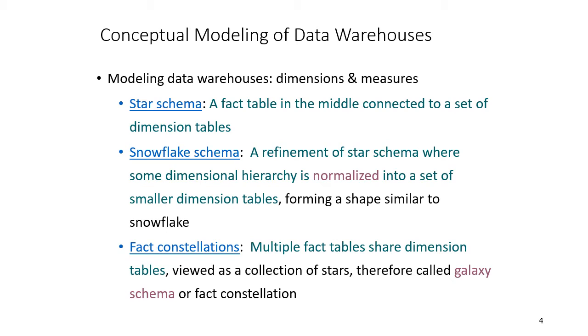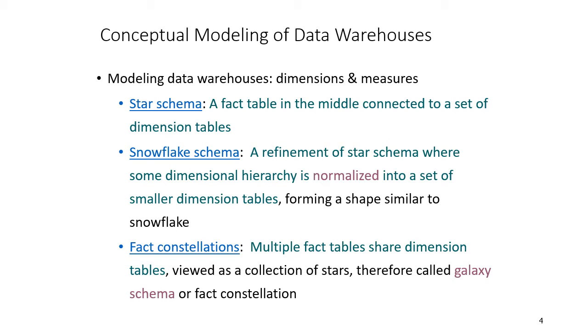Then we'll talk about fact constellation. So in star schema and snowflake schema, we were only having a single fact table, and in star schema the dimension tables were not normalized, while in snowflake schema the dimension tables were normalized.